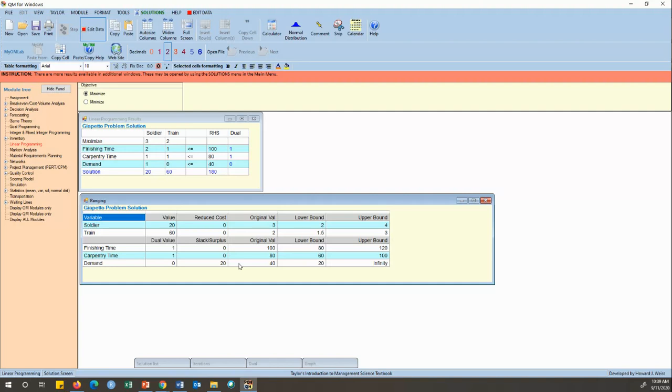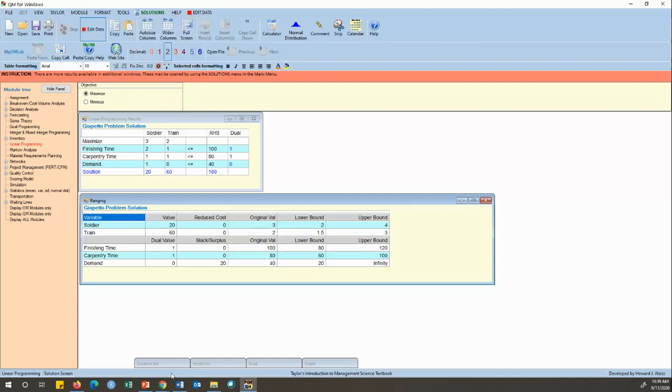This is additional information for you if you would like to know more. You notice this solution over here, there are lots of different solutions, right? You have the linear programming results, which is the one that we have earlier, and then we have ranging, and then we have the solution list, the iterations, the dual, and the graph.